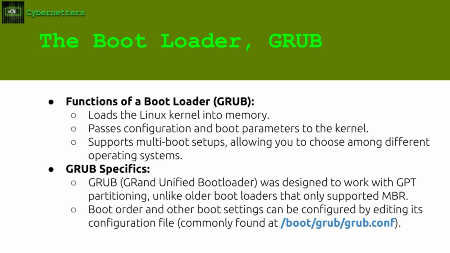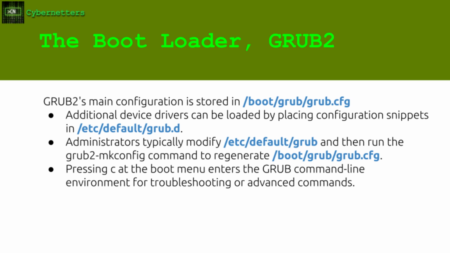It was originally designed to work with GPT partitioning and replace older bootloaders that only supported MBR. If you ever need to adjust boot order or tweak kernel parameters, you'll find GRUB's config in /boot/grub/grub.conf, or sometimes /boot/grub2/grub.cfg on newer systems. Just remember to back it up before making changes.